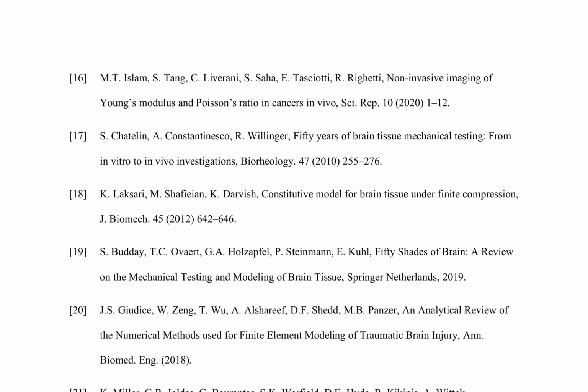In the field of biomechanics, researchers have focused on non-invasive imaging of Young's modulus and Poisson's ratio in cancers in vivo, as well as on finite compression of brain tissue. Constitutive models for brain tissue have been developed, and numerical methods have been reviewed for finite-element modeling of traumatic brain injury. Biomechanical modeling and computer simulation of the brain during neurosurgery have also been explored.